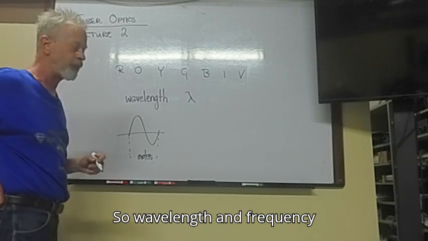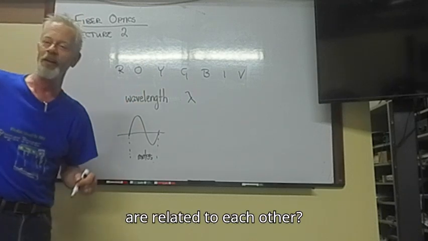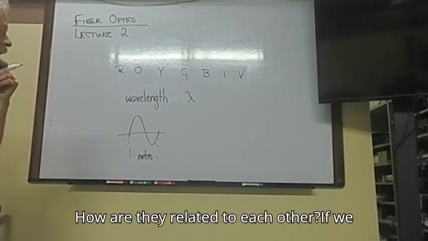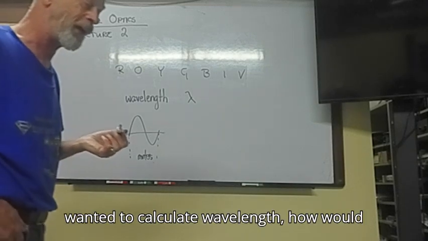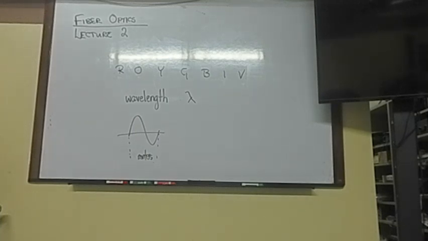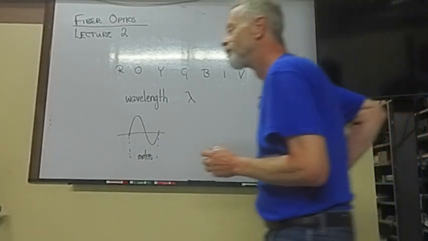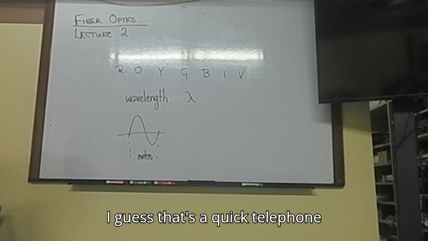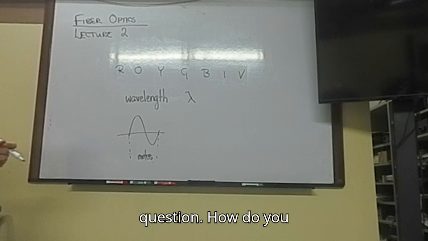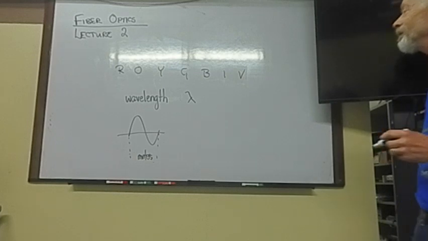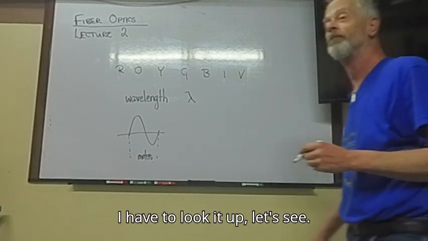So wavelength and frequency are related to each other. How are they related to each other? If we wanted to calculate wavelength, how would we do it? I guess that's a quick telephone question. How do you calculate wavelength? I haven't looked it up. Let's see.